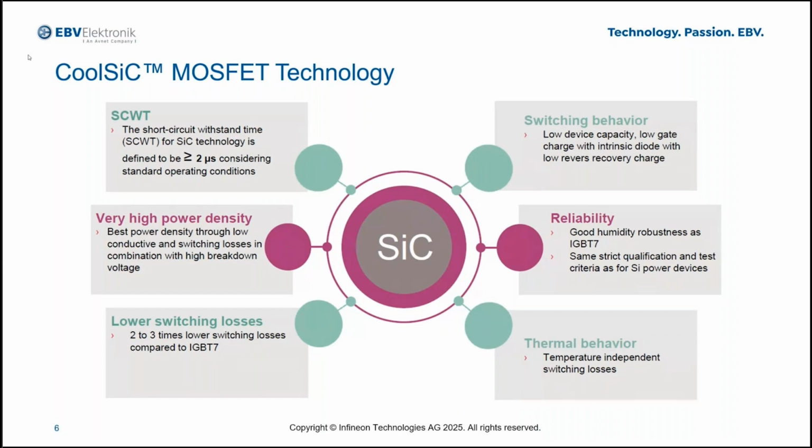Of course, with silicon carbide, you further reduce the losses. This is a technology which has no tail currents, no losses at the end. So it is very suitable for very high power density designs. In addition, silicon carbide lowers the switching losses compared to even the latest IGBT technologies.